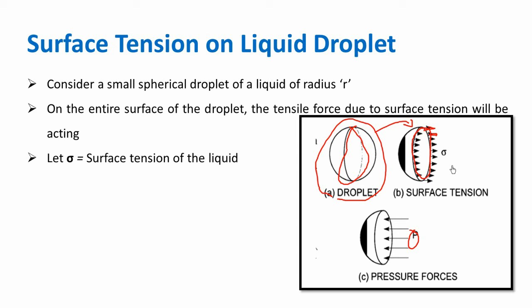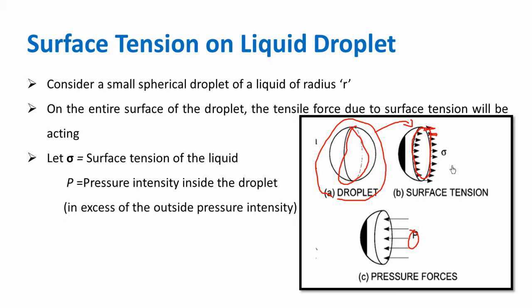P is the pressure intensity inside the liquid droplet, that is in excess of the outside pressure intensity. So it is greater than the atmospheric pressure. Then d is the diameter of the droplet.